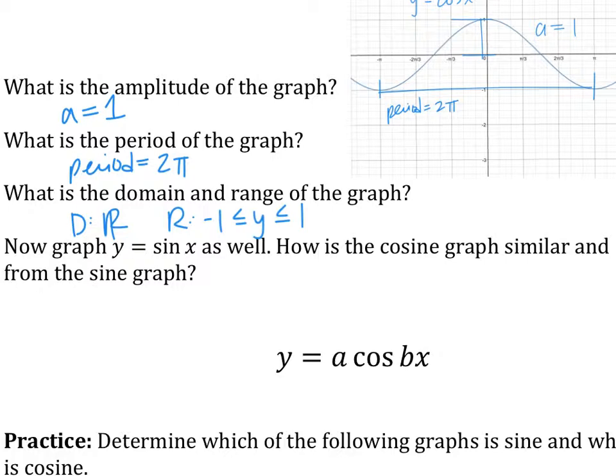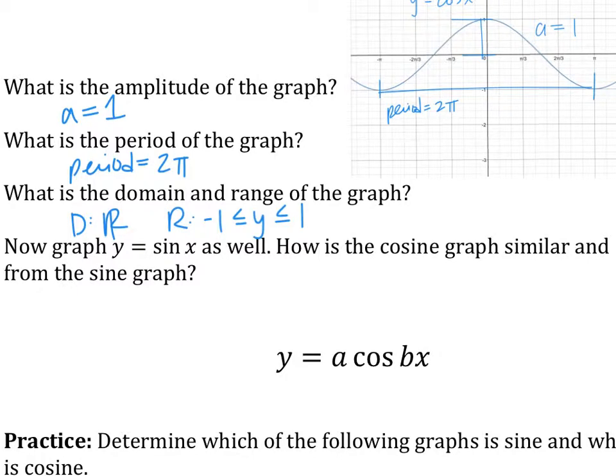Can you guys tell how far apart are they? I can almost push one graph so they would all line up with each other, right? How much do I have to push? How much do I have to translate? How much do I have to move it? By how much in the x direction?